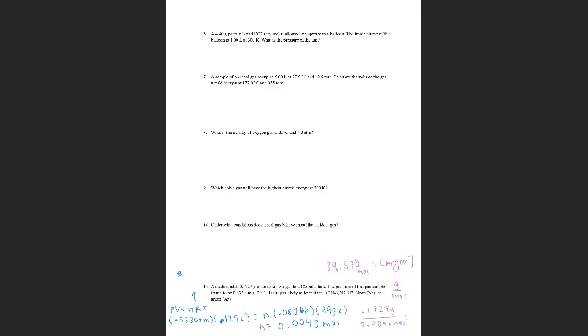Okay, so I'm going to erase the board. Number 12 says, name 2 ways to increase the pressure inside a container of gas. So what are 2 ways we can increase pressure?